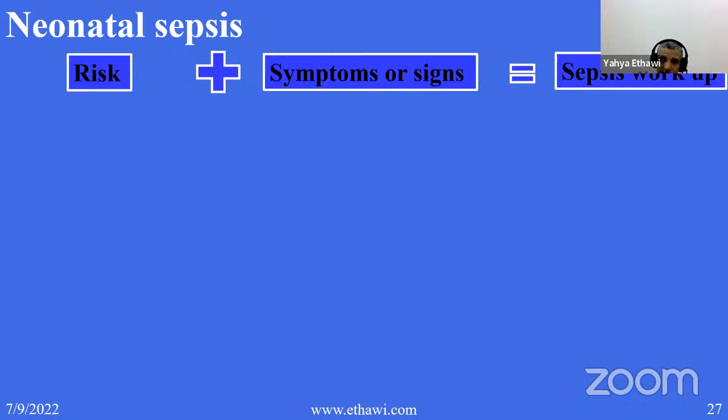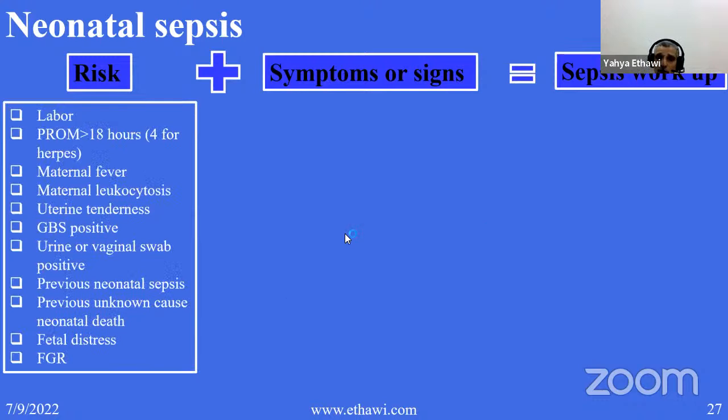So to treat neonatal sepsis, you need risk factors and you need symptoms and signs. If you have only one of them, antibiotics are not indicated. So what are the risks of infection? The mother is in labor. She has rupture of membranes more than 18 hours, but for herpes it's only 4 hours. Mother has fever, leukocytosis, uterine tenderness.